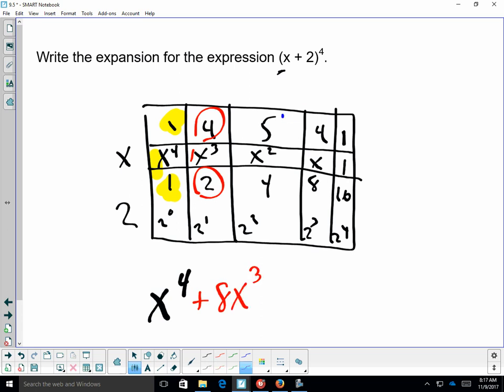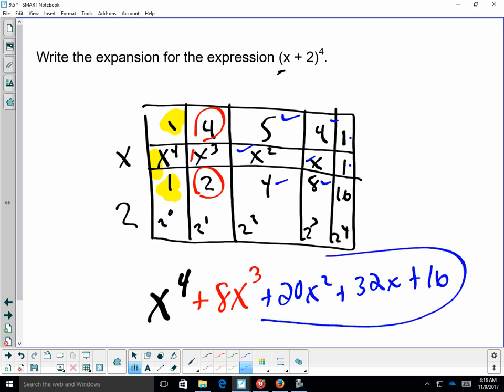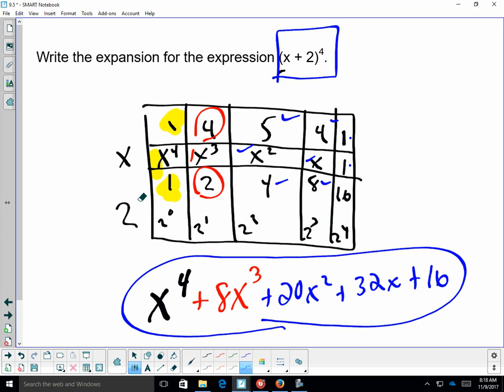Multiplying here, I'm going to have 6 times 1 times 4, so that'll be 24 x squared. Then 4 times 1 times 8, which is 32x. And then finally 1 times 1 times 16, which is 16. So this is the expansion of this without having to write it all out in FOIL.